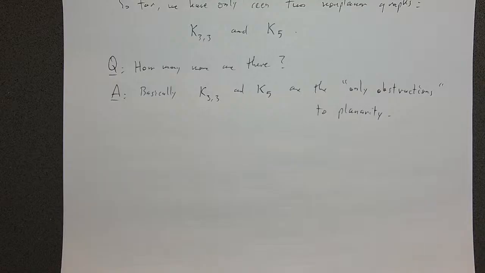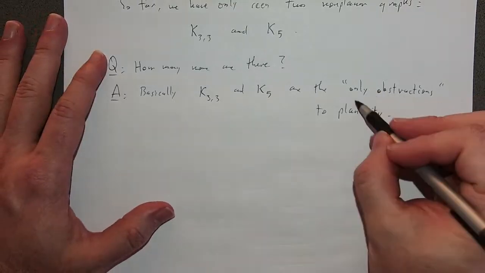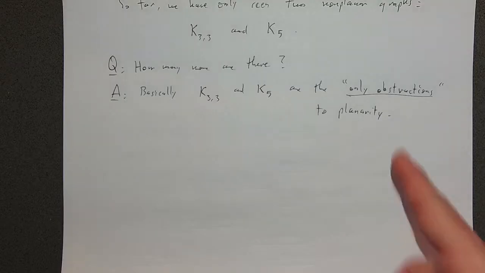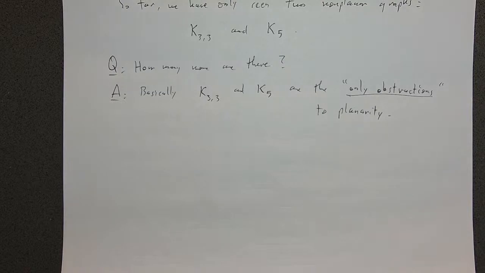We'll see what this means next time. We will see what this means when we say these are the only obstructions. But basically it means that these are more or less the only ones that are actually causing us problems. That might be a little bit shocking, a little bit surprising.